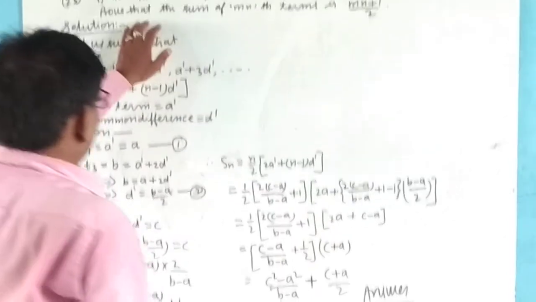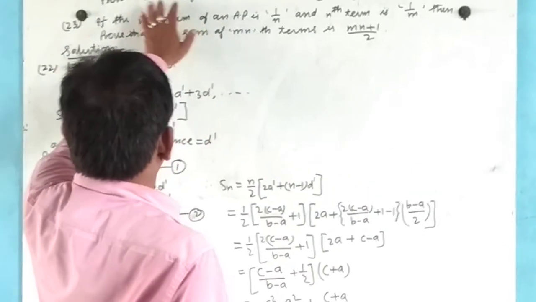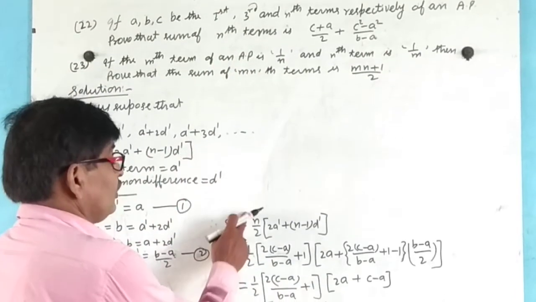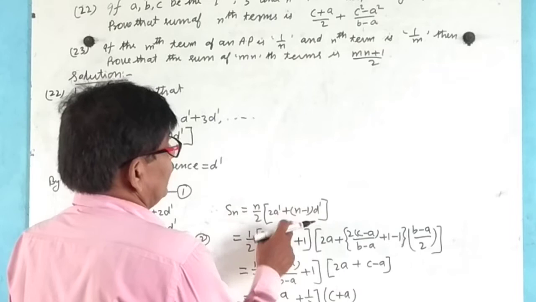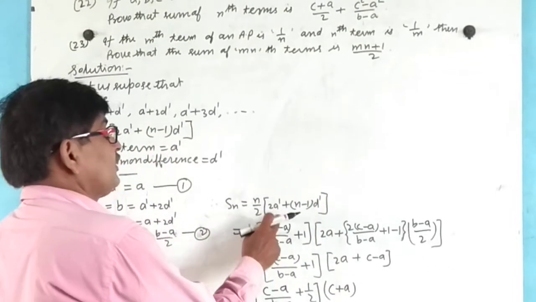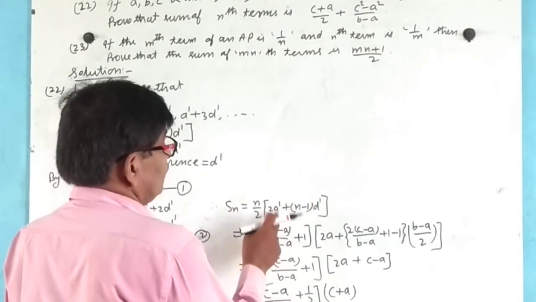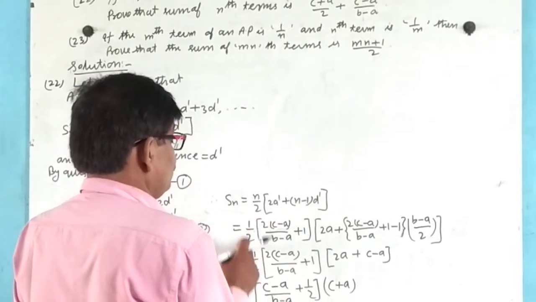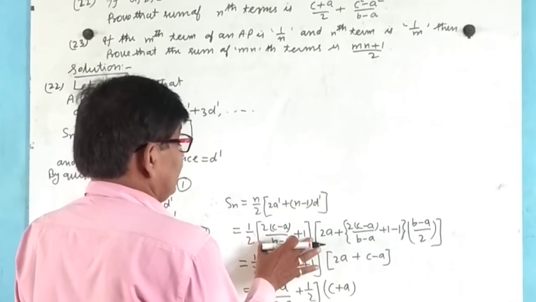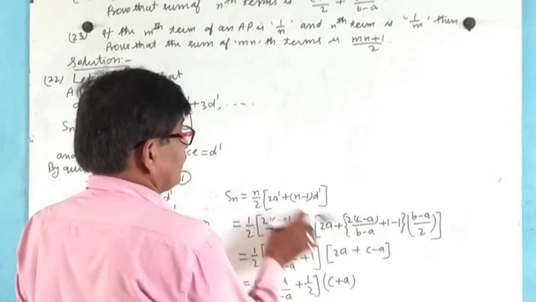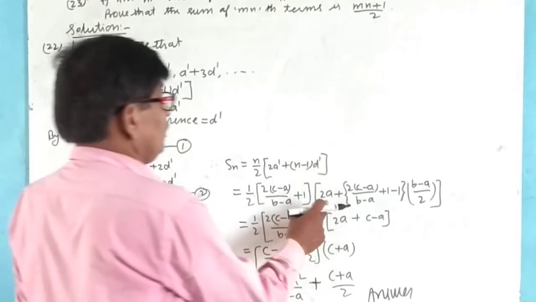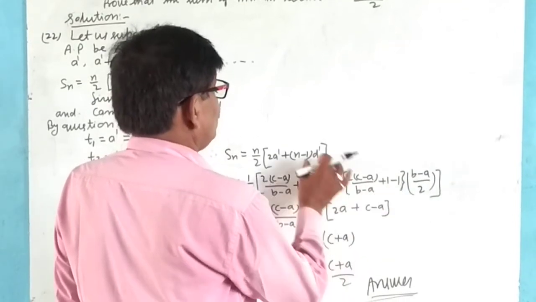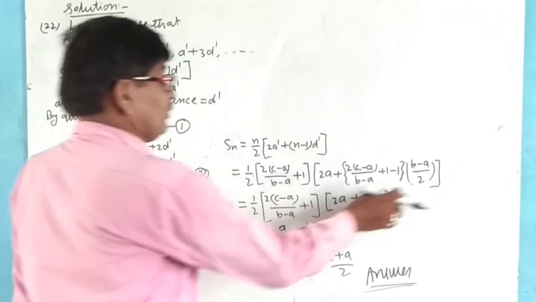Now we show that, prove that the sum of n terms is this. Sn is equal to n/2 [2a' + (n - 1)d']. In this case, putting the value of n, a' and d' here: 1/2, and this is the value of n, 2a' is equal to 2a here, and this value of n - 1 into d' equal to this.